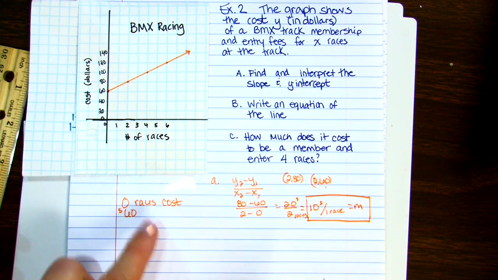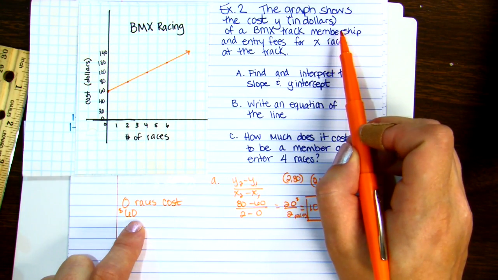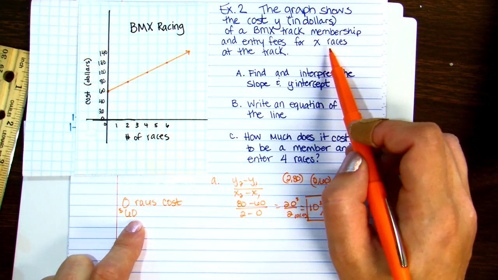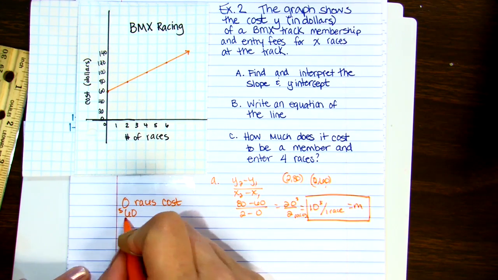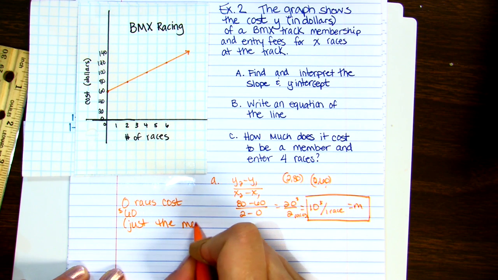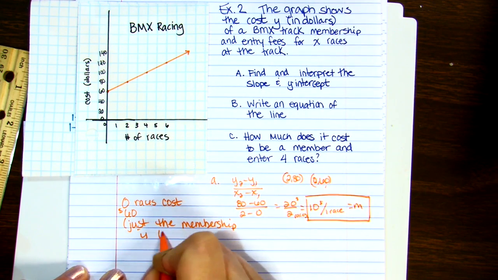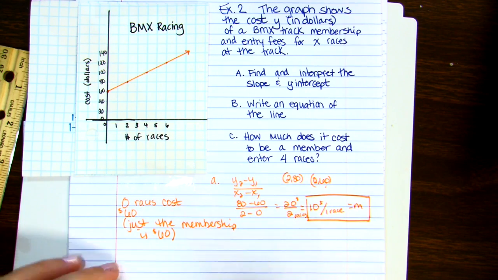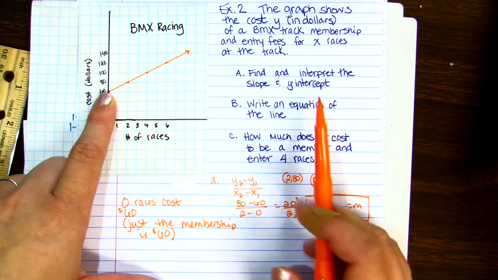You might be wondering, why on earth would you pay if you're not racing? But remember, this is the membership and the entry fees for the races. So what this is telling you is that just the membership is going to cost $60. If you don't race at all, you still have to pay a $60 upfront fee. So that's what this intercept tells us.